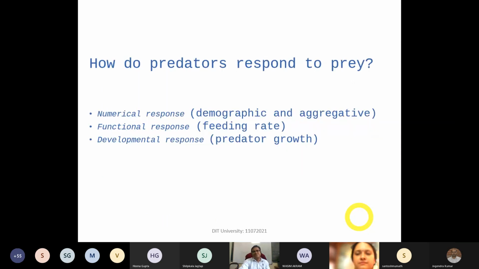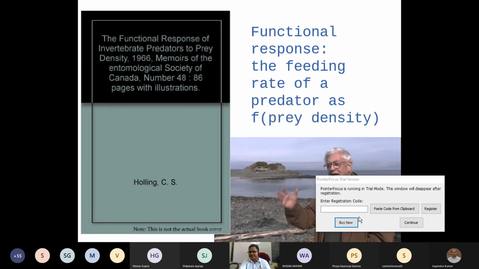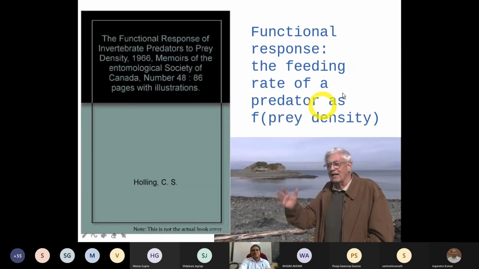Now, how do predators respond to prey? I have already discussed the numerical response, functional response, and developmental response, and how the predator growth depends on numerical and functional responses. We are very thankful to Professor C.S. Holling. Why are we so thankful to him? Because before him, people were generally using exponential growth, which is not true.